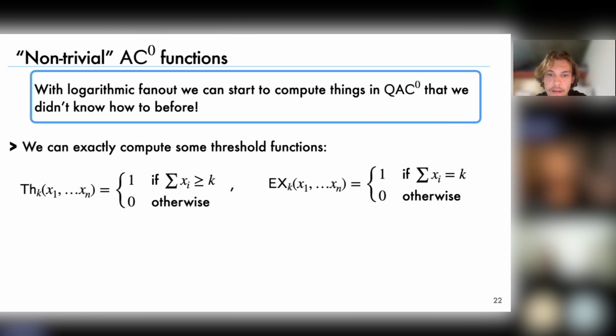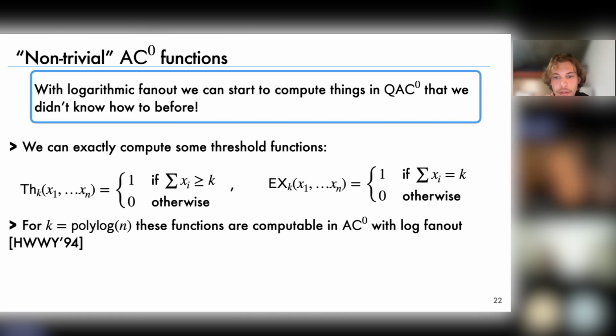The exact threshold functions, exact k, are defined similarly, but only output a 1 when we exactly hit that threshold. There's this classic work from the 90s showing that if k equals polylog n, then these functions are computable in AC0, and moreover, with an AC0 circuit that only has log fan out.